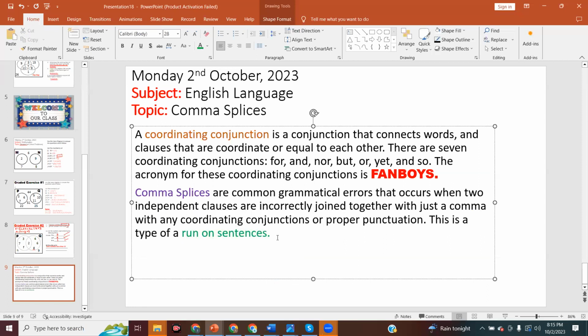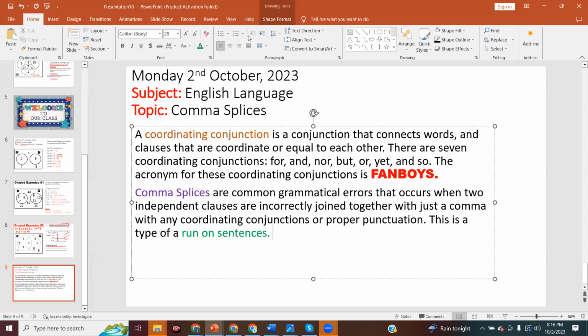Has anyone ever been told by their teachers that they have a run-on sentence? Good. So when you have a run-on sentence, you probably have a comma splice. That doesn't mean that you can't fix it, because obviously you can.